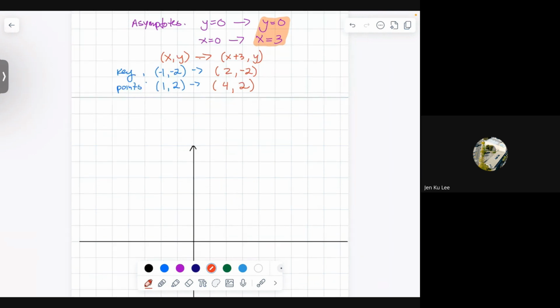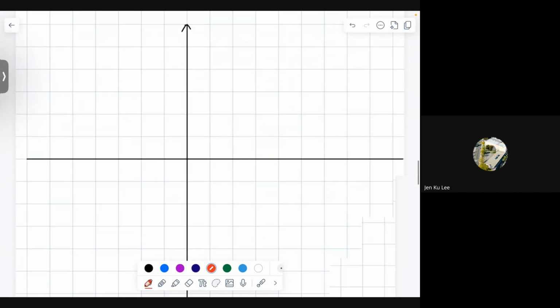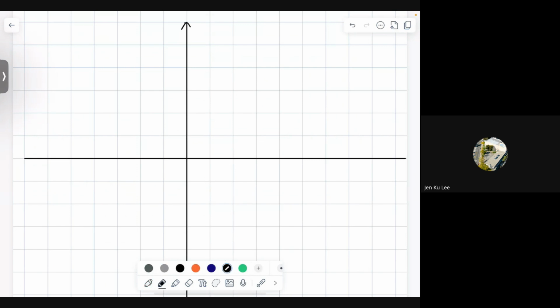y equals 0 and x equals 3 are my asymptotes. So y equals 0 is right here. Oops, sorry. Let me change the line so it's dotted. We dash this line to signify it's an asymptote.